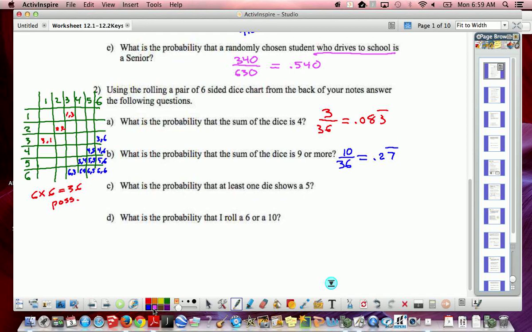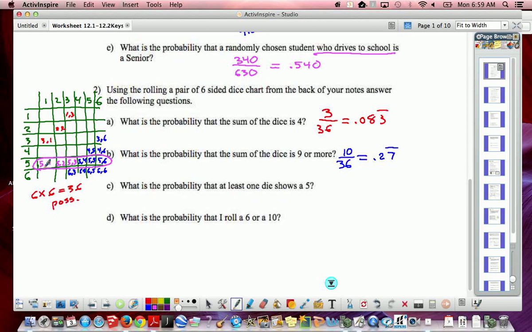Question C says, what is the probability that at least one die shows a 5? So if I look at all of my 5s, this would be 5, 1, 5, 2, 5, 3. So all 6 of these have at least a 5 in them.